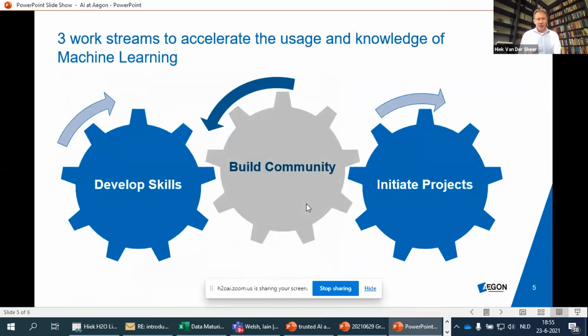One of the things that I pushed in kind of 3 work streams is, on one hand, developing the skills in the AI space. In the beginning, it's still going on, but in the beginning it was important to really create a community of, let's say, the evangelists in this space, because we were kind of scattered, the specialists in this firm.